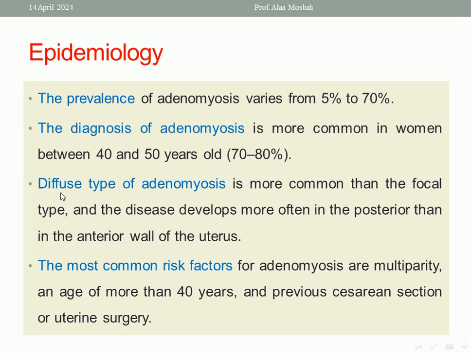The diffuse type of adenomyosis is more common than the focal type. Remember the picture, the first slide? Yes, the diffuse type is more common than the focal type. The disease also develops more often in the posterior wall of the uterus than in the anterior wall of the uterus.